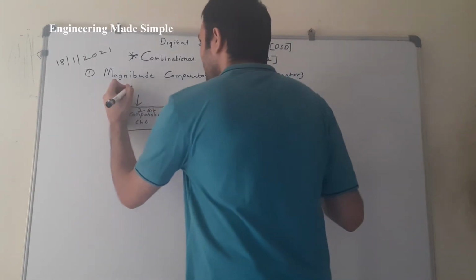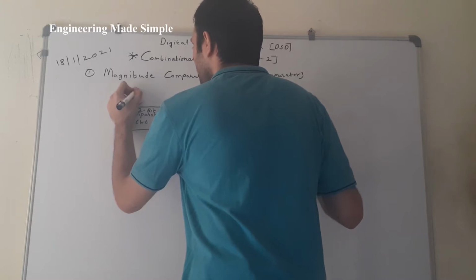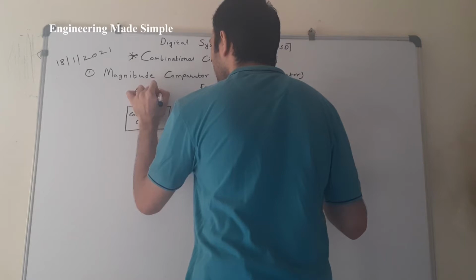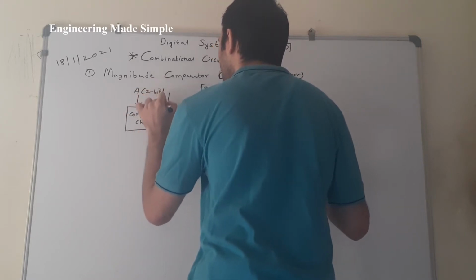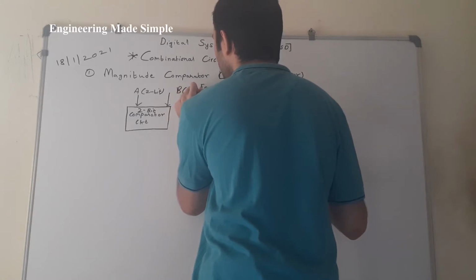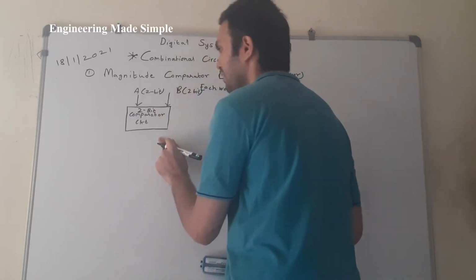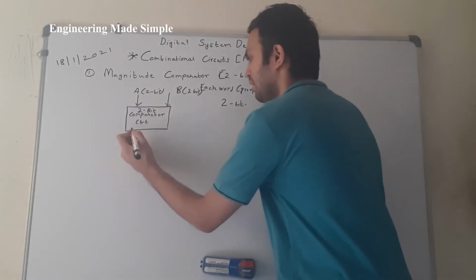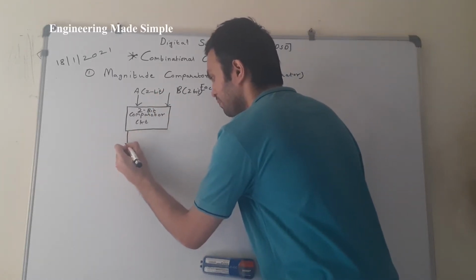So understand this. This is A, which is a 2-bit long word. I am writing in the bracket 2-bit. And B is also a 2-bit long word. So this circuit basically compares two 2-bit long digital words in order to produce three outputs.